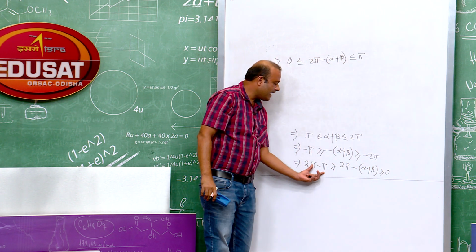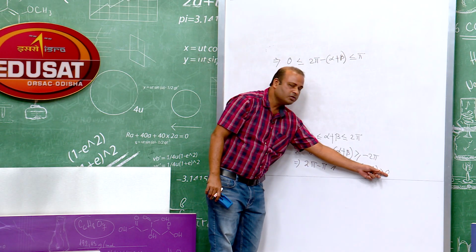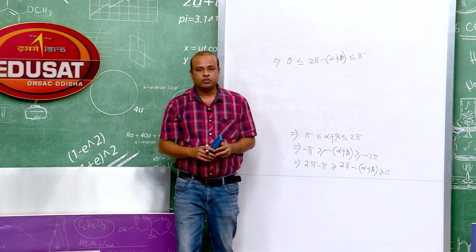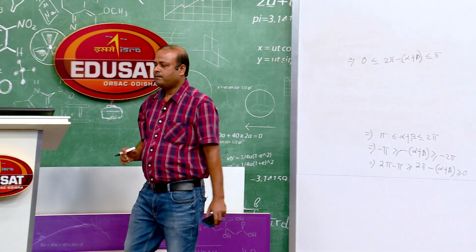In this case, pi greater than equal to 2 pi minus alpha plus beta greater than equal to 0. In the reverse order, we can write 0 less than equal to 2 pi minus alpha plus beta less than equal to pi.